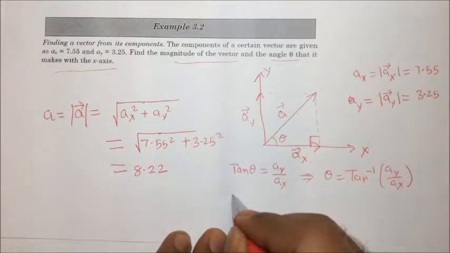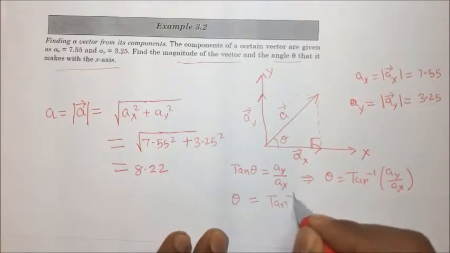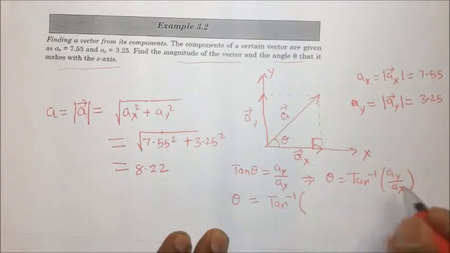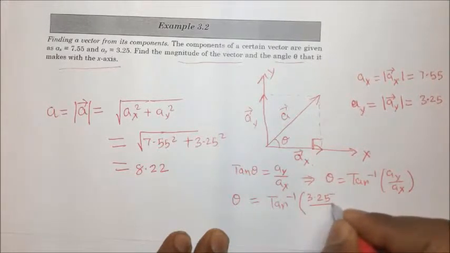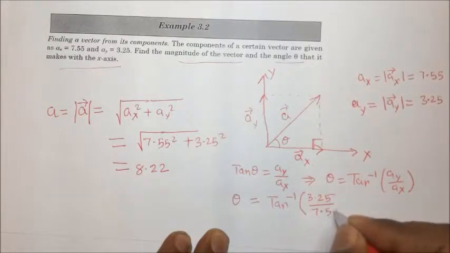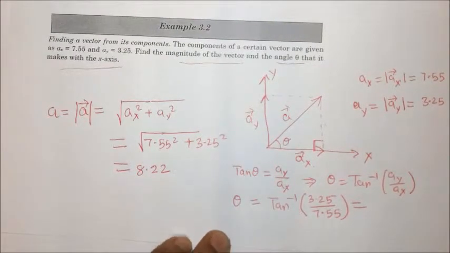And theta is going to be tan inverse of 3.25 over 7.55. Let's find out.